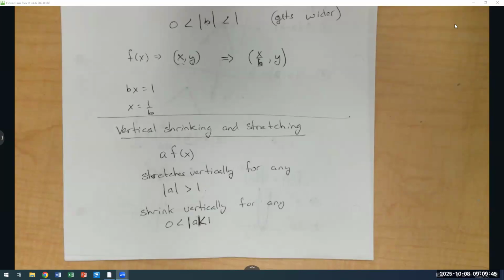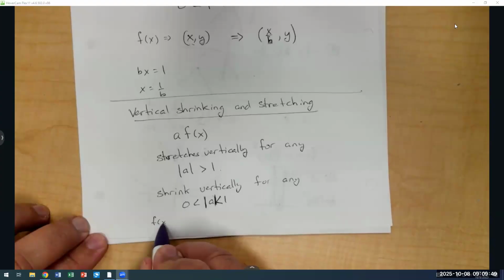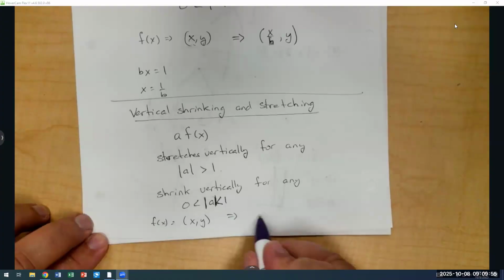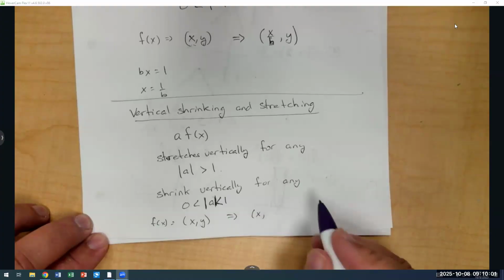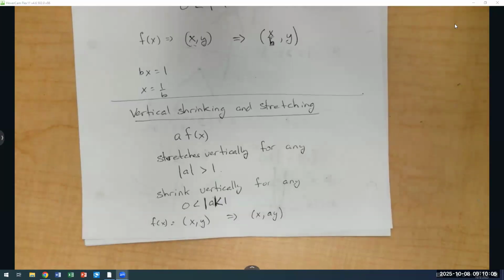Which makes sense. But think about it. If your original function was f of x, we had x, y. All it does is change your y values.